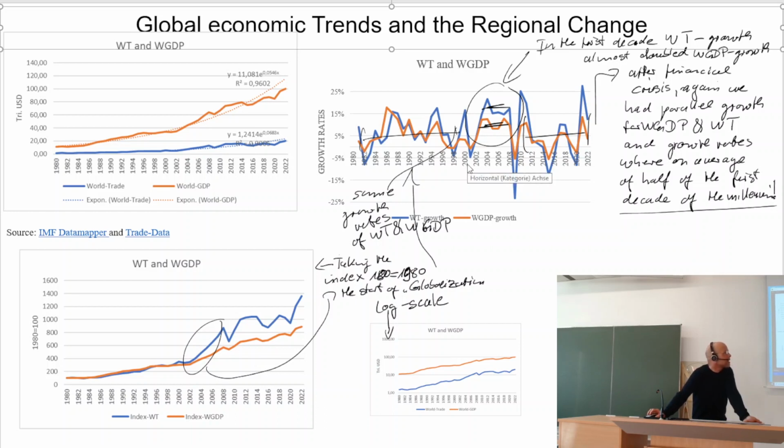In the year 2000, if I remember it right, China's GDP was almost the GDP of Italy. But we can start with this.